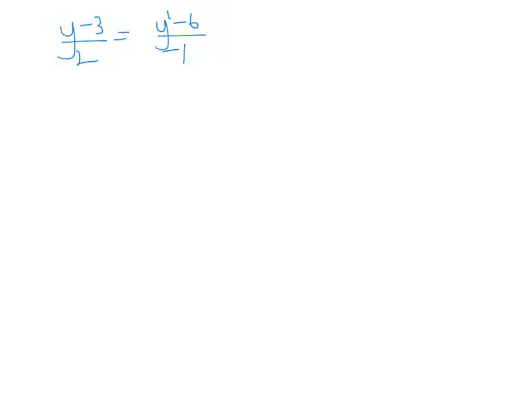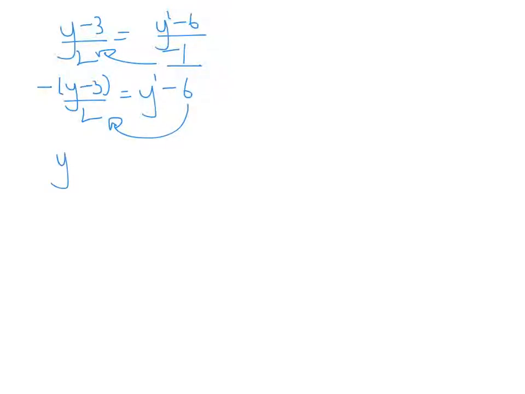I'll take this -1 up to the other side, so this will be minus y minus 3 over 2. Then I'll take this plus 6 across the other side, so the new value of y will be equal to minus y minus 3 over 2 plus 6.